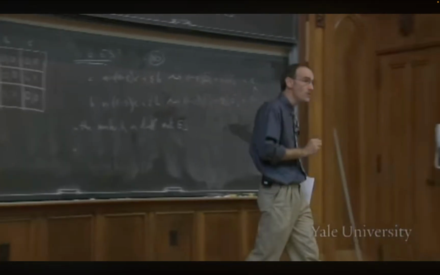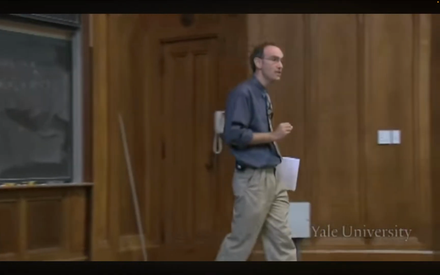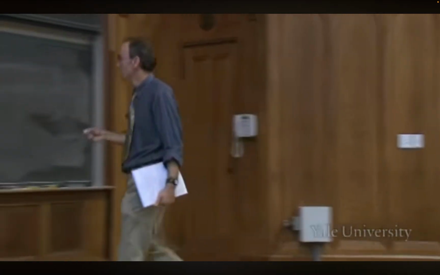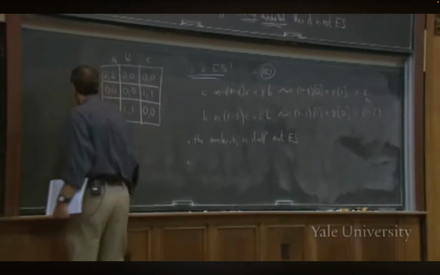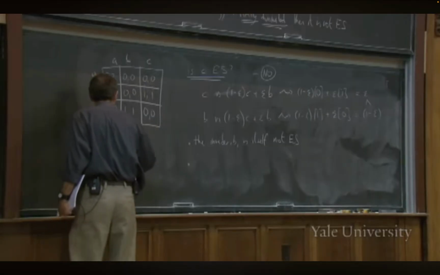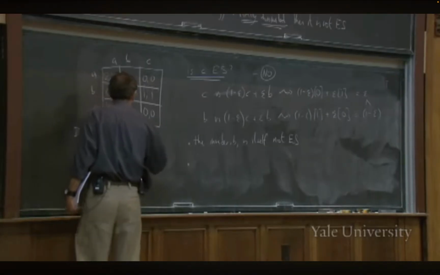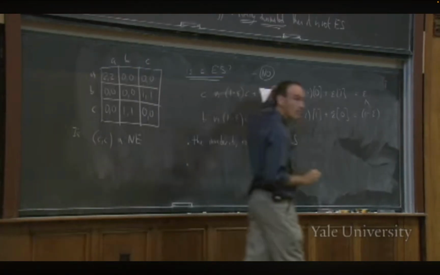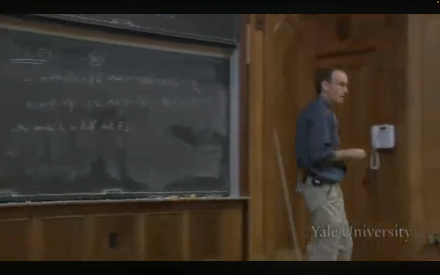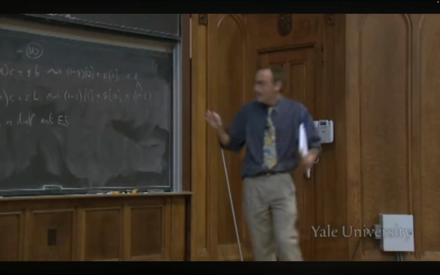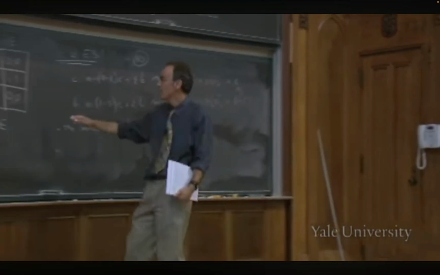And we might ask the question, is C comma C what? Is it a Nash equilibrium? Here we asked, was it evolutionarily stable? We found it wasn't. Now let's ask a different question. And forget evolution for a second. Is CC a Nash equilibrium?